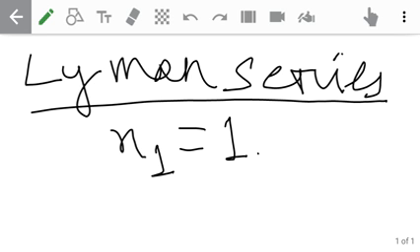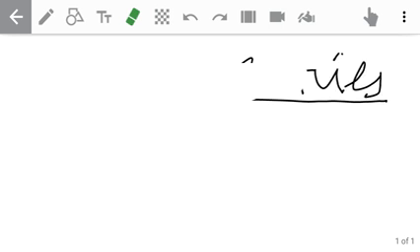That means all the wavelengths which we obtain when the electron jumps from second to 1, third to 1, fourth to 1, those will all come under Lyman series. Understood? Similar to Lyman, there are some more series: Lyman, Balmer, Paschen, Brackett, Pfund and all.